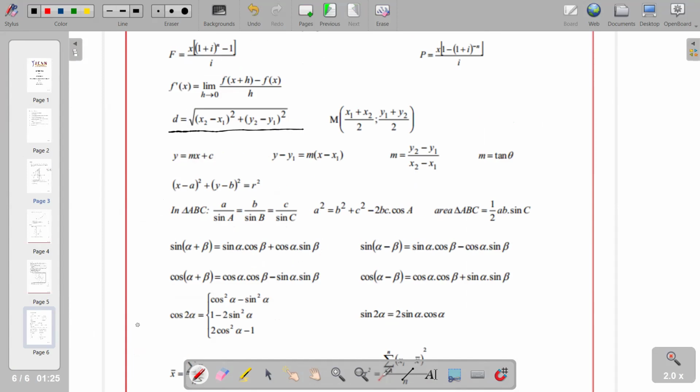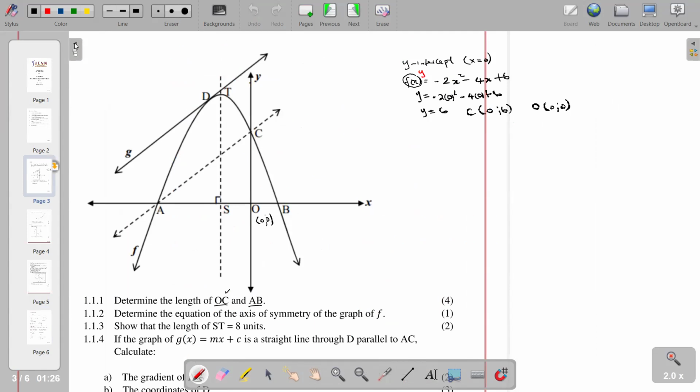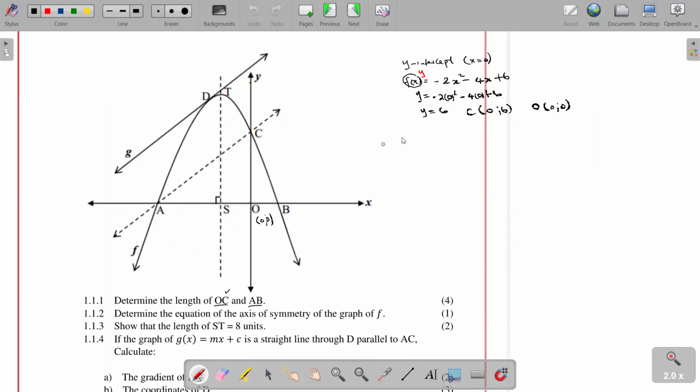So the distance formula is going to be equal to, applying that, using O and C. The distance of OC will be equal to the square root of (x2 minus x1) squared plus (y2 minus y1) squared.